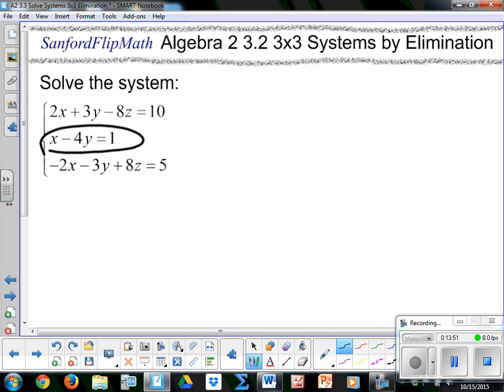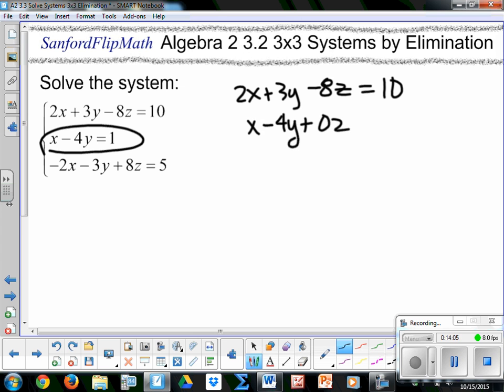So for instance, I'm going to rewrite this system. Now most of this is the same. So if you were doing this and you just wanted to adjust the one equation, you're certainly welcome to do that. But there is no z here, so I'm going to write plus 0z. Is that required? No. Do I think it's smart? Yes.